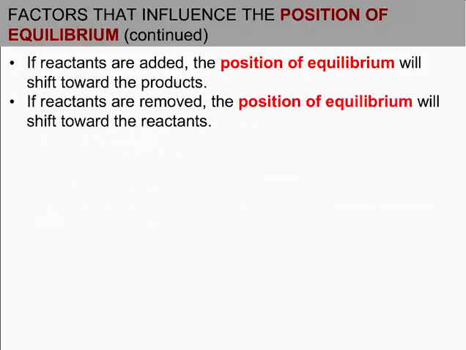All right, so let's write out a generic reaction. So let's say A plus B becomes C plus D, and we can also have the reverse reaction. Now let's say that we add more reactants. So let's say we add A and B. So we're just adding more reactants in.